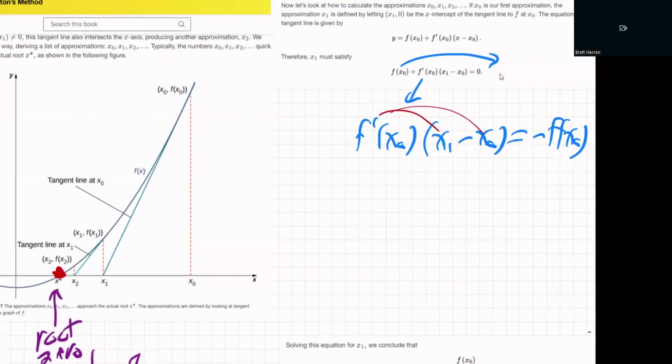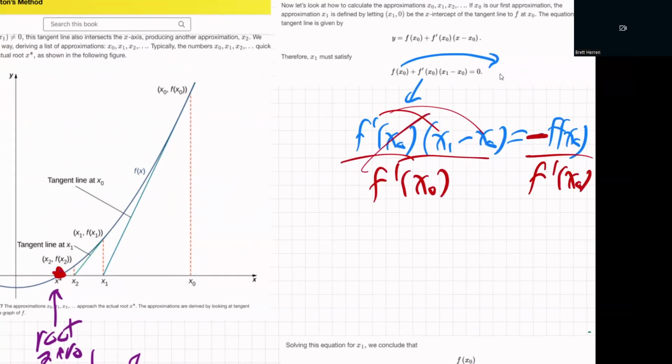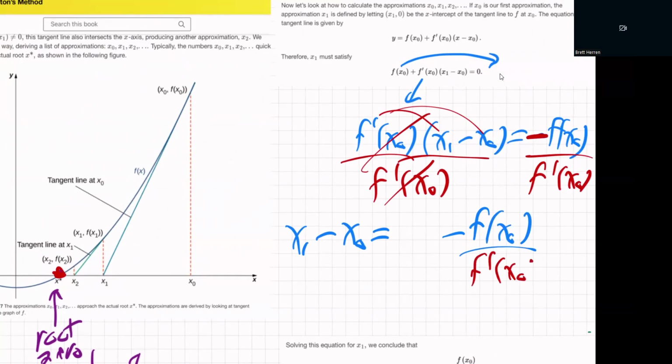So let's distribute... Oh no, let's divide. My mistake. Let's divide both sides by f prime of x0. Then we get x1 minus x0 is negative f of x0 over f prime of x0.